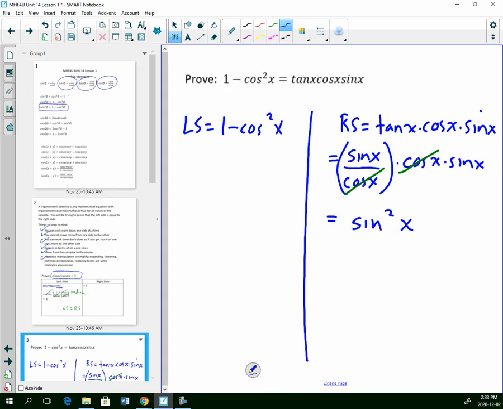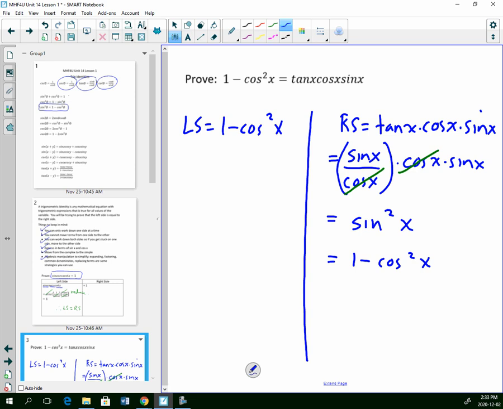So I can change either side. Doesn't matter which one. I can go on the left and change 1 minus cos squared to sine squared, or I can go on the right and change sine squared to 1 minus cos squared. Doesn't matter which side I change, as long as the left side is exactly the same as the right side.